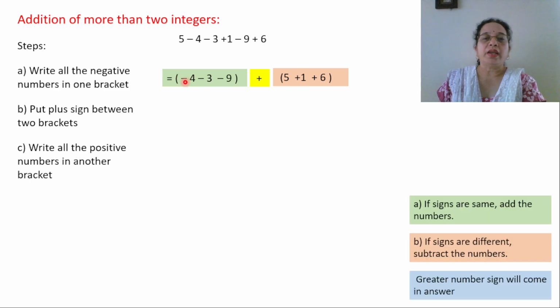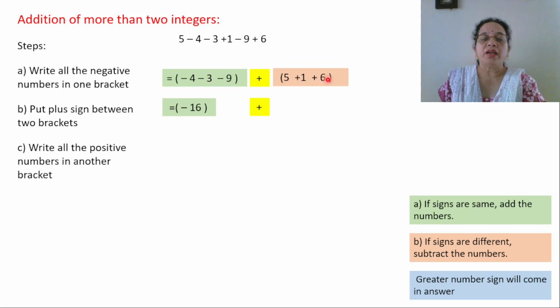Now in this bracket you can see the signs are same, add the numbers; signs are different, subtract the numbers; greater number sign will come in the answer. So look at this bracket, signs are same, add the numbers. 4 plus 3 is 7, 7 plus 9 will be 16, greater number sign will come in the answer, this will become -16. Then this plus sign.